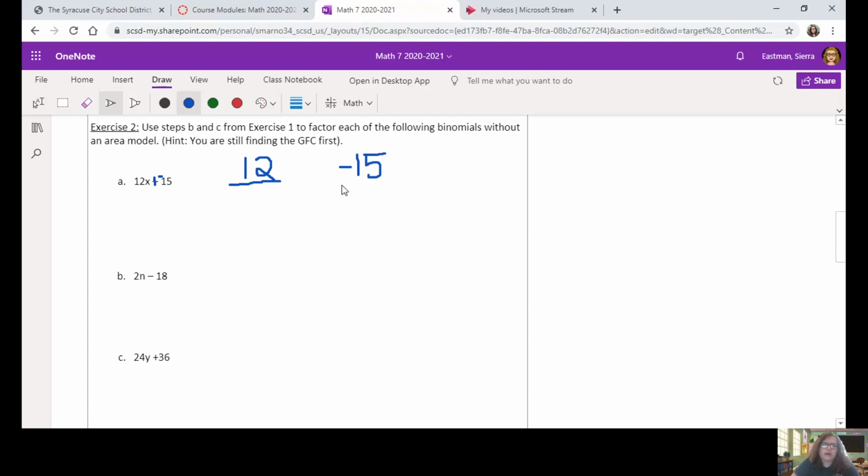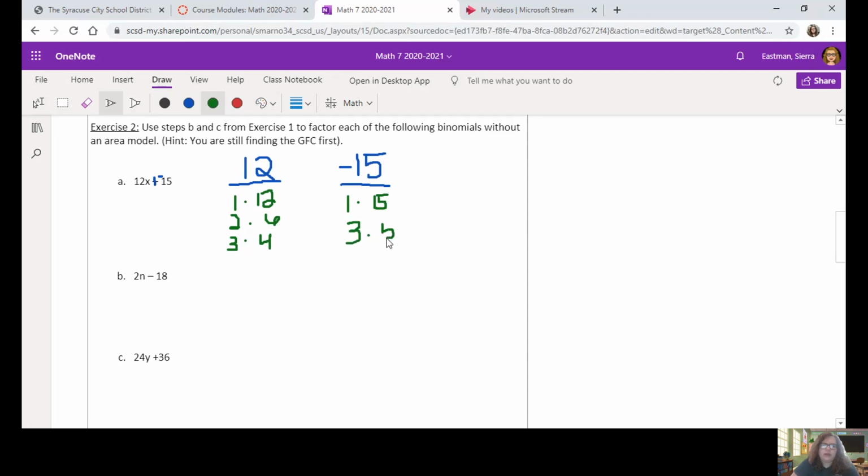We're going to go ahead and find that GCF. 12 could be 1 and 12, 2 and 6, or 3 and 4. 15 could be 1 and 15, or 3 and 5.